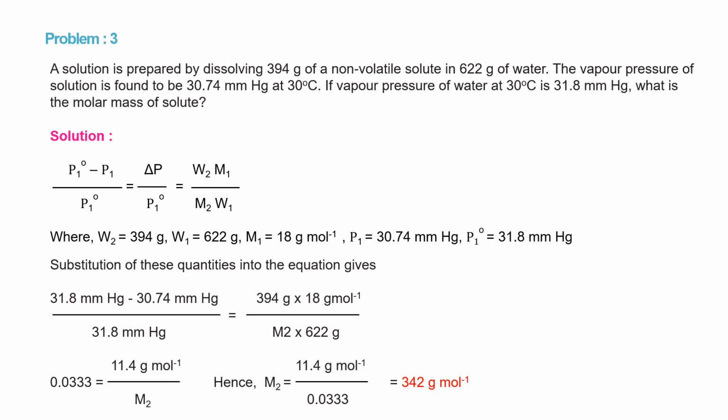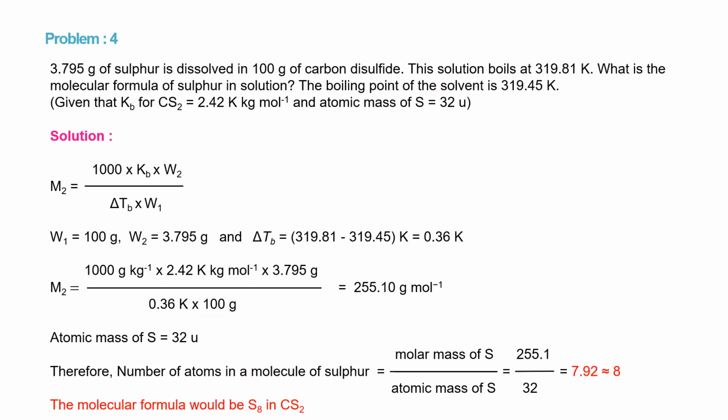Now we start with the next problem. The problem is based on elevation in boiling point. Now see, what is the problem? 3.795 gram of sulfur is dissolved in 100 gram of carbon disulfide. Now in this case, sulfur is your solute, and carbon disulfide is your solvent.